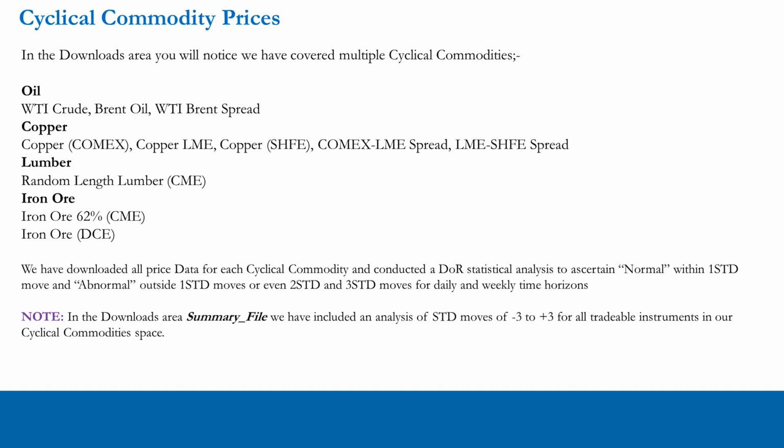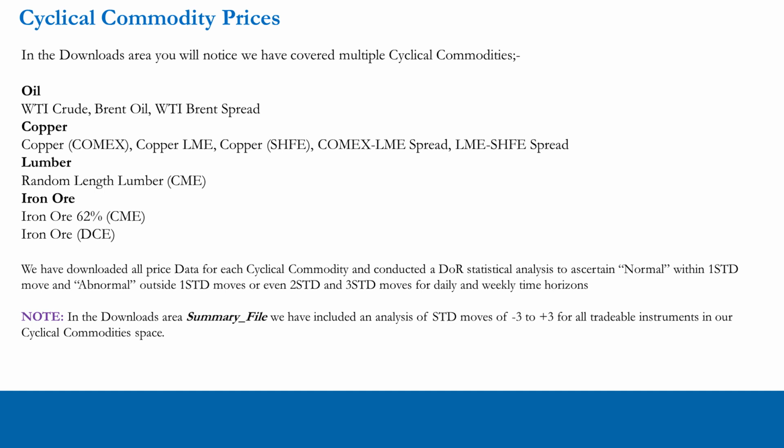Additionally, in the downloads area, you'll notice a file called the summary file. This summary file puts all in one sheet the analysis of the standard deviation moves, from -3 to +3 standard deviations, for basically all the tradable instruments in our cyclical commodity space.